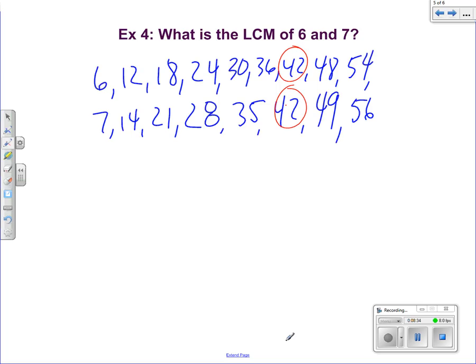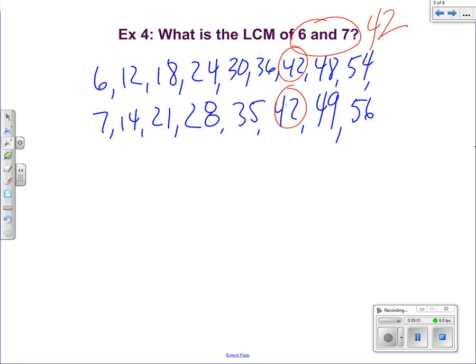Count by sixes, count by sevens. Take a step back, check out your lists. Find the smallest number that is the same in both lists. We have to have a match. The smallest number that was the same in both lists is 42, the LCM of 6 and 7. Shazam, 42, booyah! This concludes our examples.